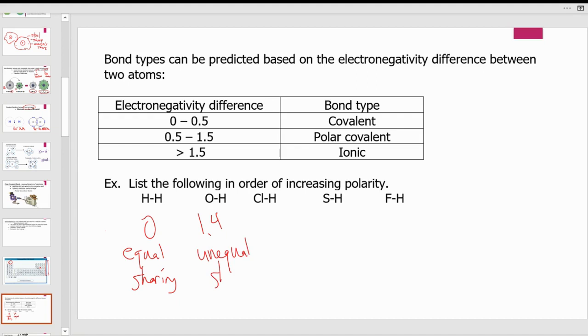Still considered sharing, it's just not equal. All right, because a 1.4 is in this range. And so it's called covalent, but polar. Polar meaning a positive pole and a negative. Yeah, so let's say a positive/negative pole.